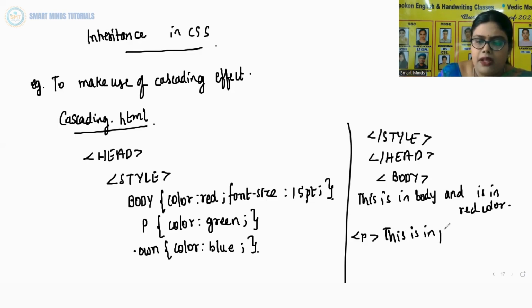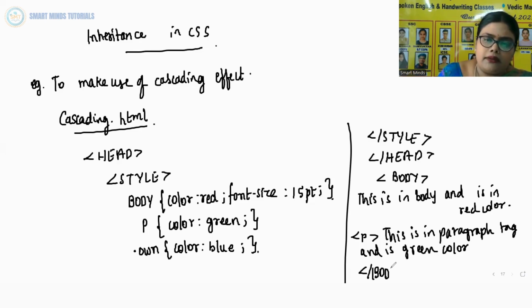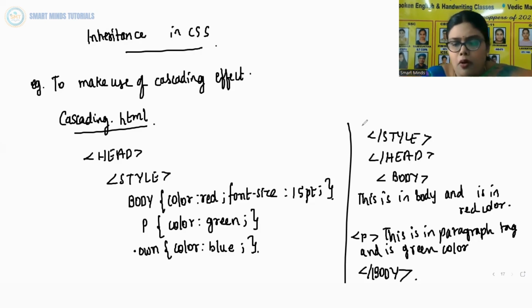So this is in paragraph tag and is green color. Then close the body tag. So in this program, the body style, that is red color, is overridden by the P element style, that is green color. And the P element style is overridden by the span style.